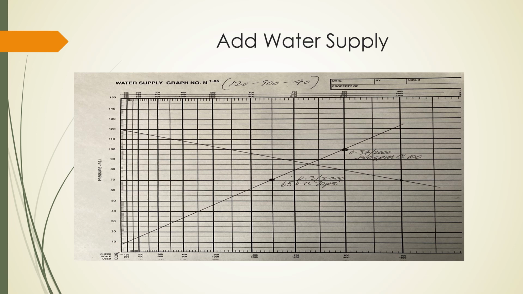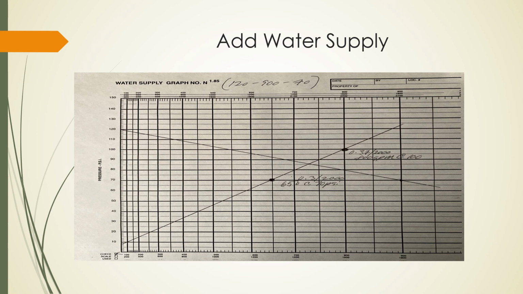And let's just add a water supply to it and see what that does. In this case, I've selected a pretty strong water supply of 120 psi static, flowing 900 at 70 psi. And that's graphed there as well. As you can see, any point above the water supply is incapable of meeting the demand.